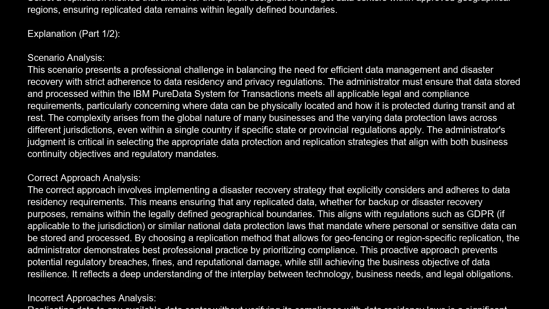By choosing a replication method that allows for geofencing or region-specific replication, the administrator demonstrates best professional practice by prioritizing compliance. This proactive approach prevents potential regulatory breaches, fines, and reputational damage, while still achieving the business objective of data resilience. It reflects a deep understanding of the interplay between technology, business needs, and legal obligations.